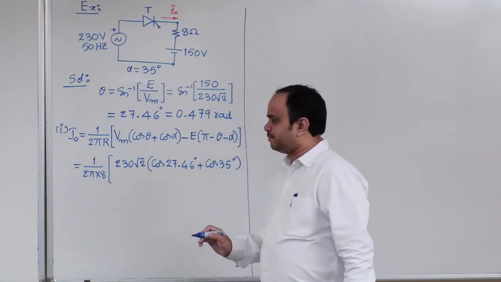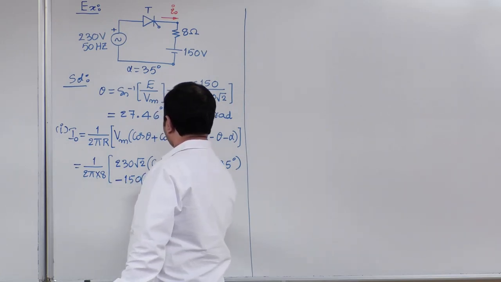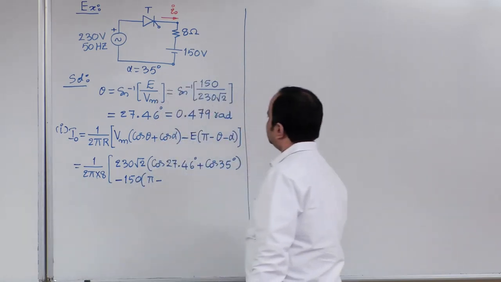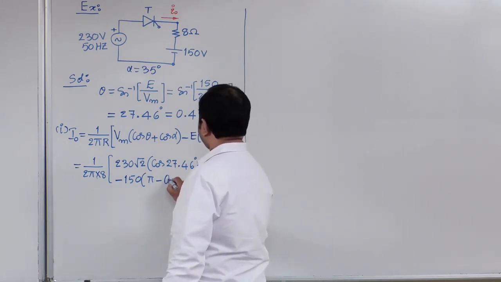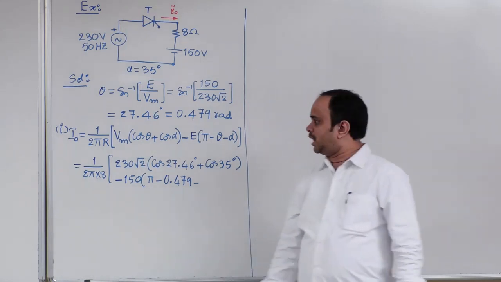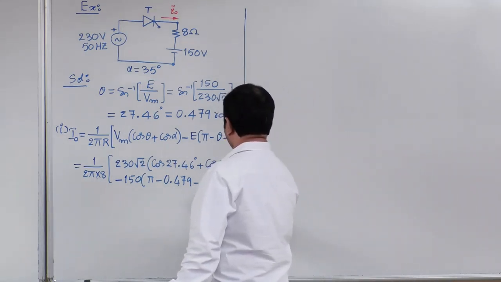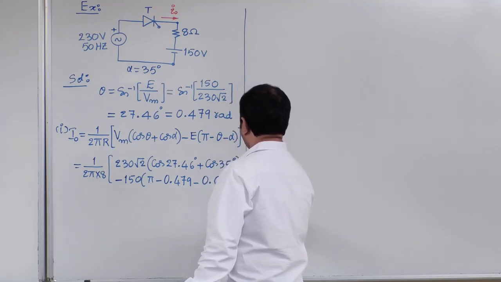Okay, minus E, which is 150, into pi minus theta value in radian 0.479 and alpha value in radian 0.611.